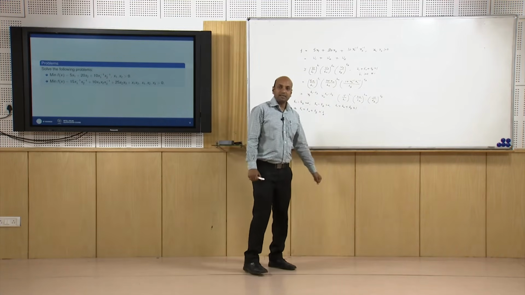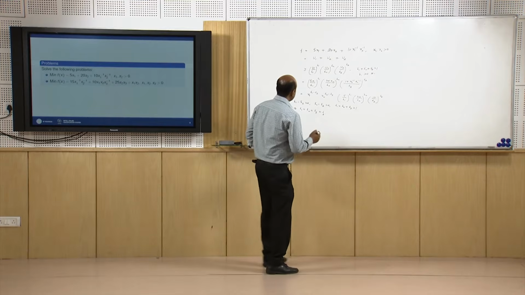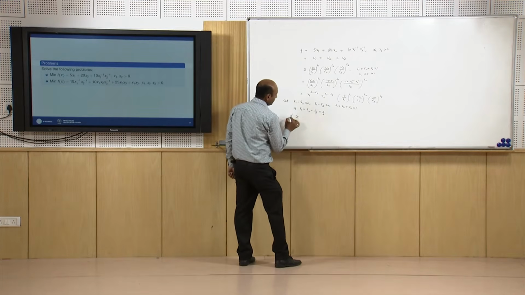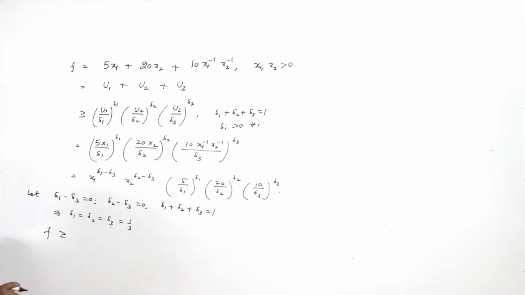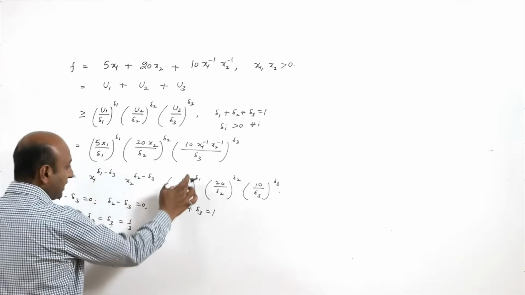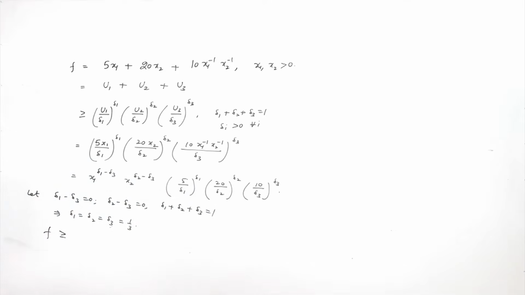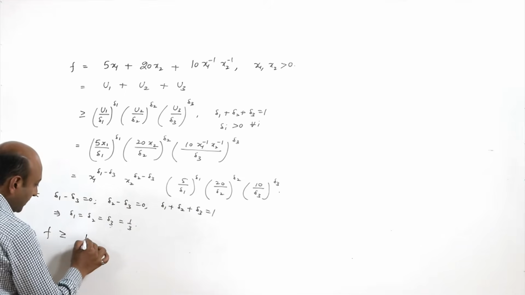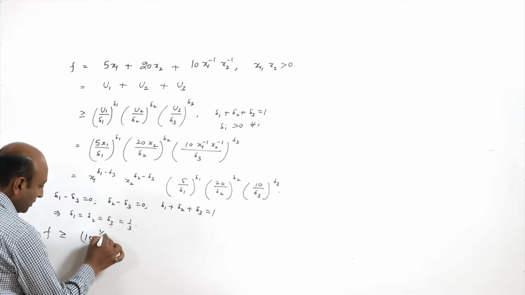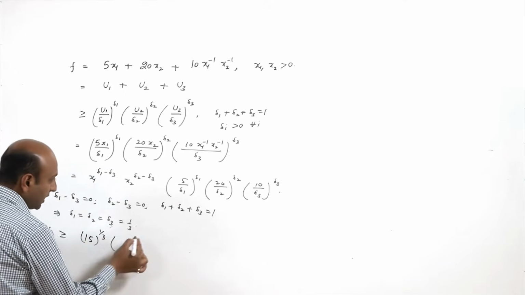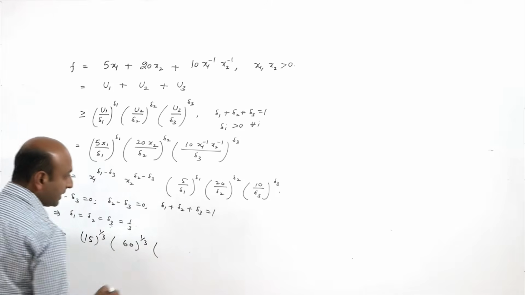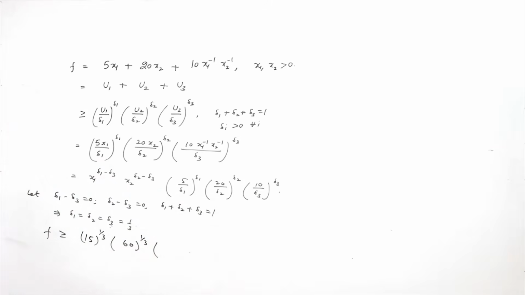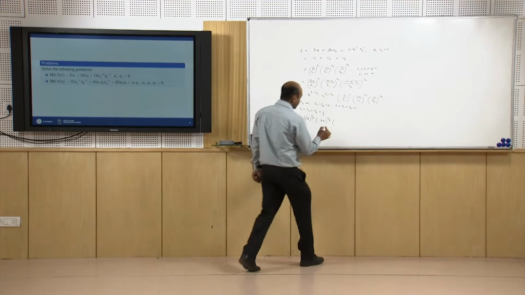What is the value on the right hand side that we can obtain? f will be greater than or equal to x1 raised to power 0, x2 raised to power 0, which is 1, then (5 upon delta 1), delta 1 is 1 by 3, that is 15 raised to power 1 by 3, into 20 into 3, it is 60 raised to power 1 by 3, and 10 divided by 1 by 3, that is 30 raised to power 1 by 3.